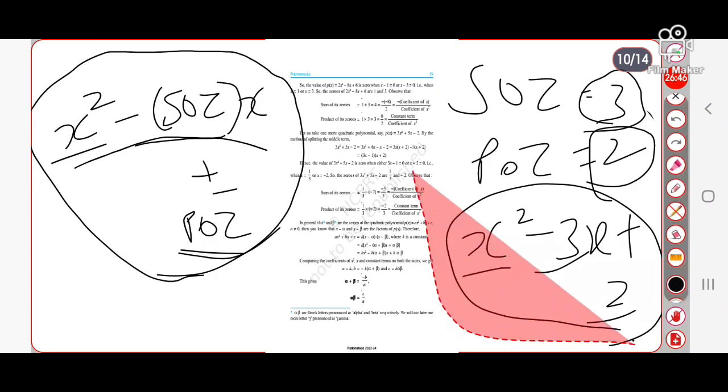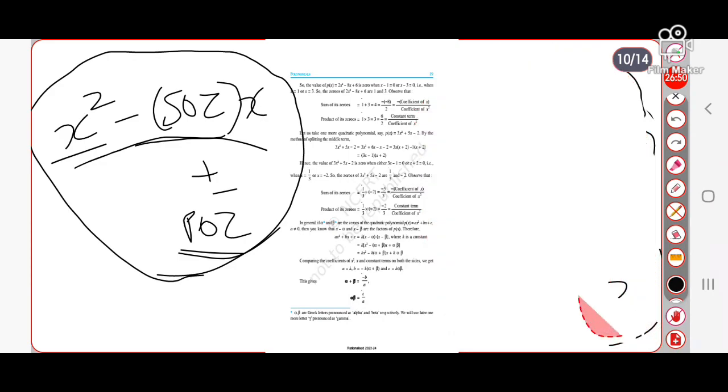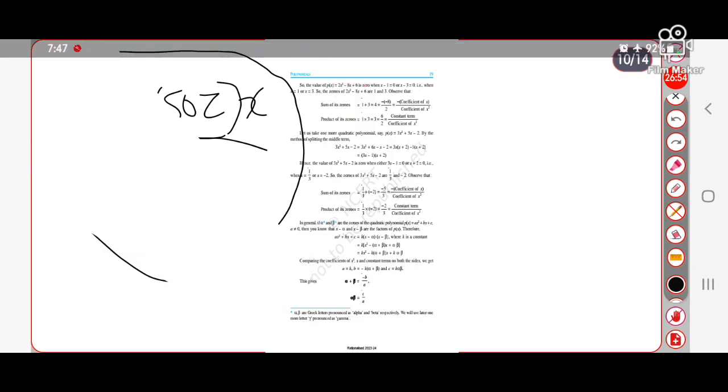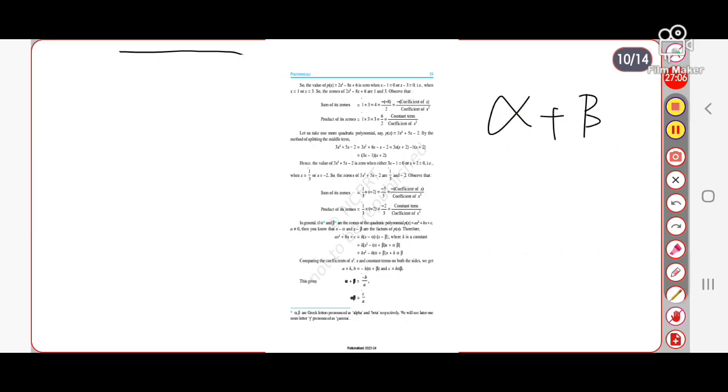These are general things. This lesson fully deals with general polynomial things, nothing much to worry about. The sum of zeros is generally represented as alpha plus beta, where alpha and beta are the zeros of any polynomial.